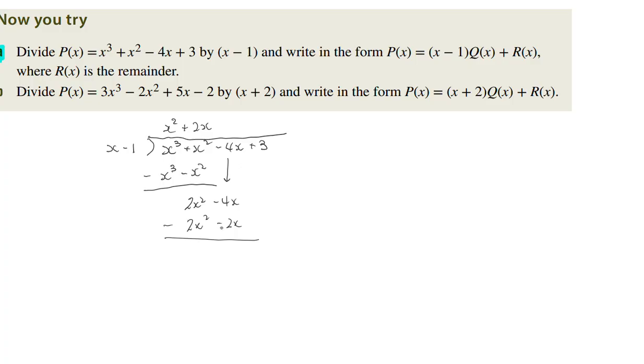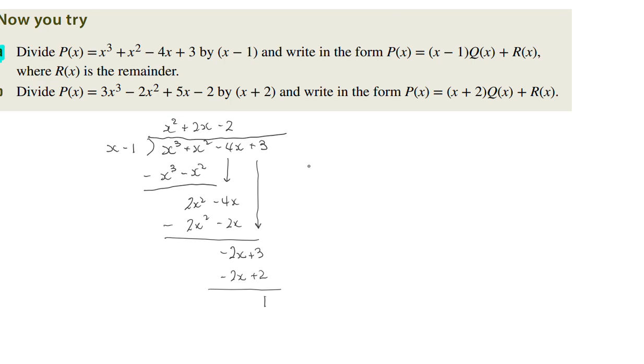Negative 4x subtract negative 2x, so that's negative 4x plus 2x. There's my remainder.